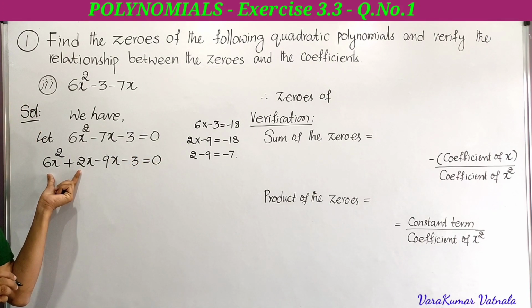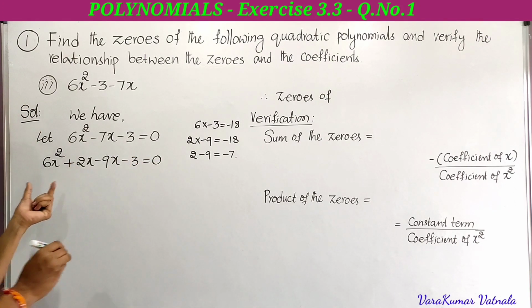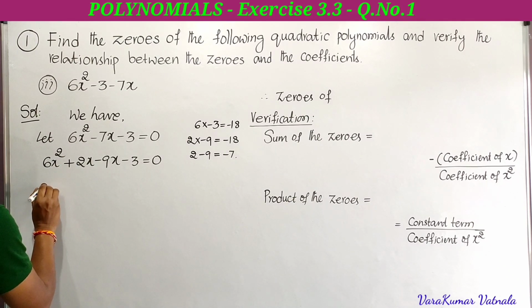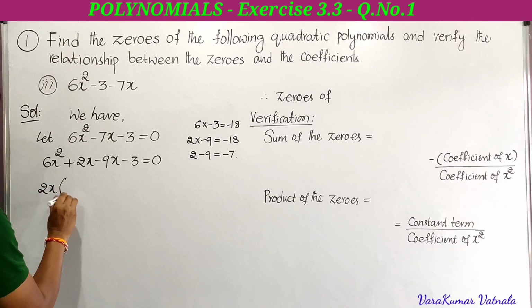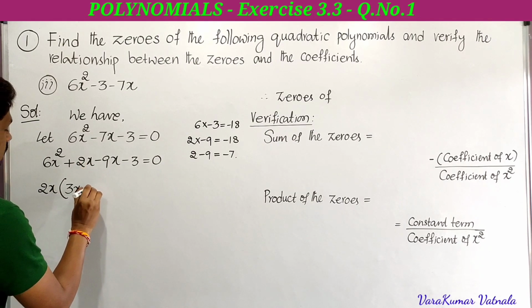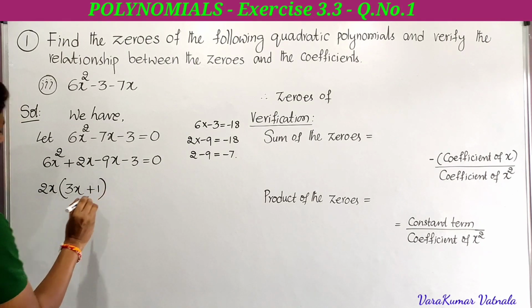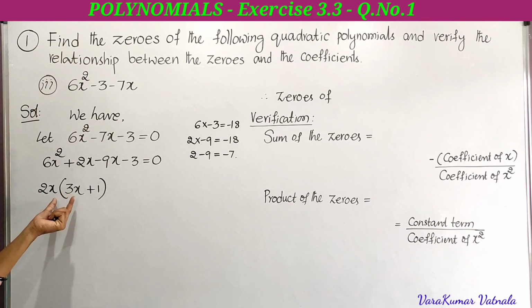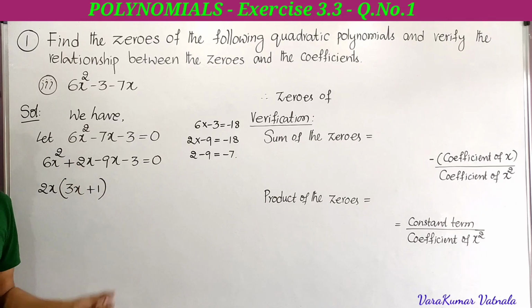In the first two terms 2x is common. Taking 2x as common, here 3x will remain, and 1 will remain. Multiplying 2x by 3x gives 6x², and 2x by 1 gives 2x.